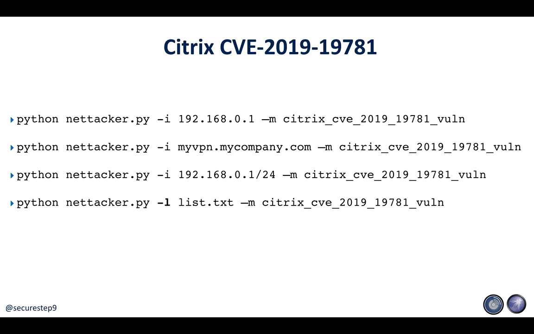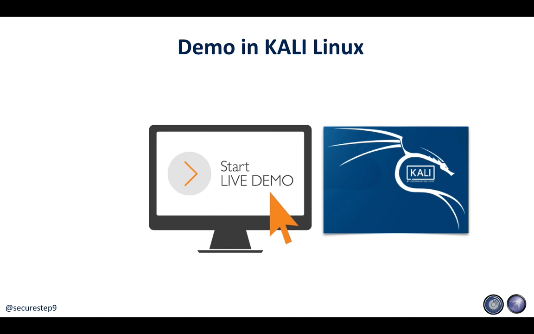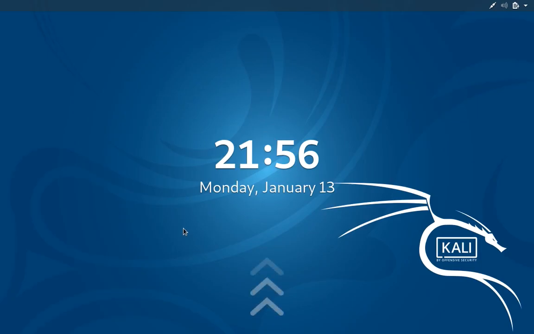And there is one more way of running the scan using Nettacker. You specify the targets in a text file, in this case, for example, our text file is called list.txt, and what you do then, you change the -i command line switch for a target to -l to indicate that you actually want the list, not the command line parameters to be used. So let's switch back to Kali Linux and have a look at the demo.